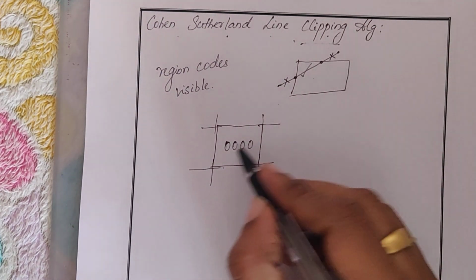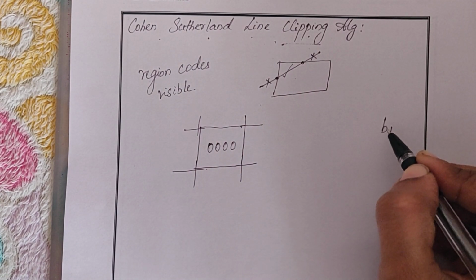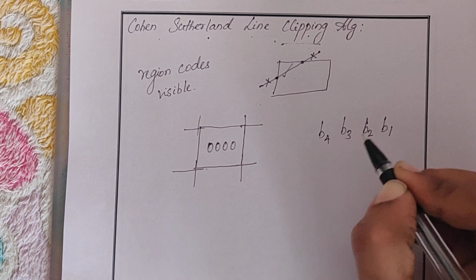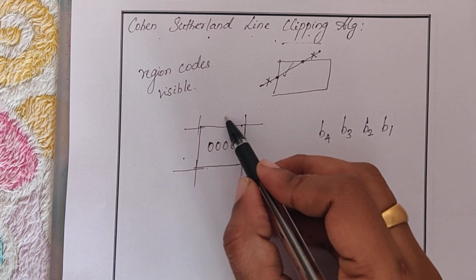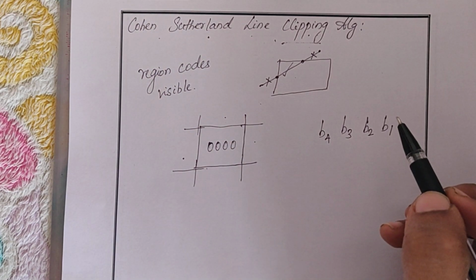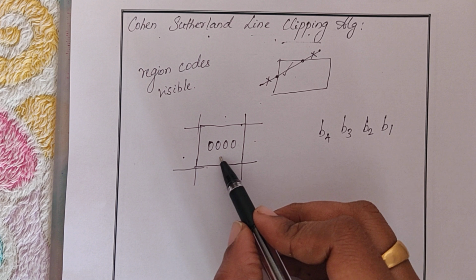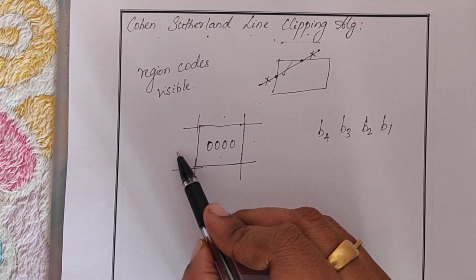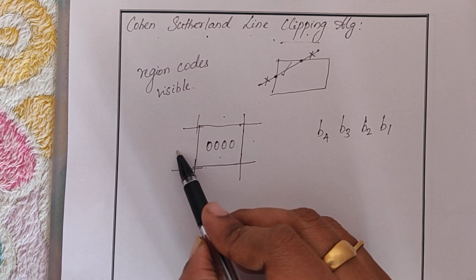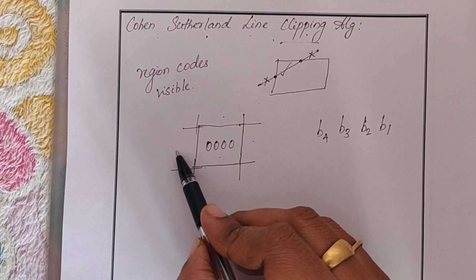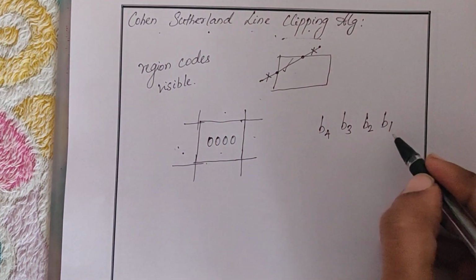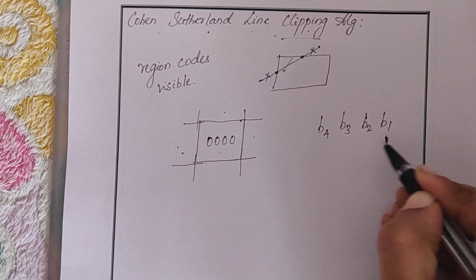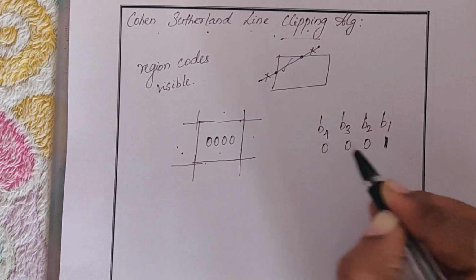So, I'll have 4 bits: bit 1, bit 2, bit 3 and bit 4. Now, I have to find the region codes of these regions. Inside my clipping window, the region code is four binary zeros. Now we'll see what the region code is to the left of my clipping window. On the left side, I'll make bit 1 as 1, and the remaining bits will be 0.